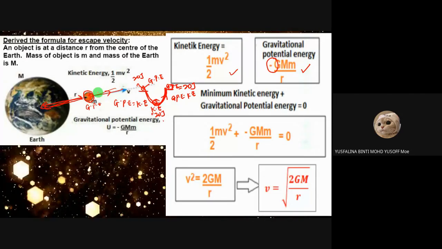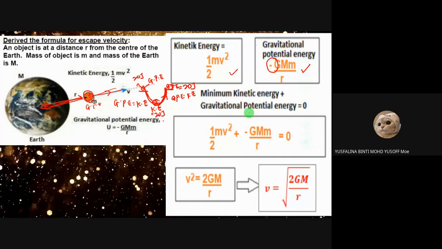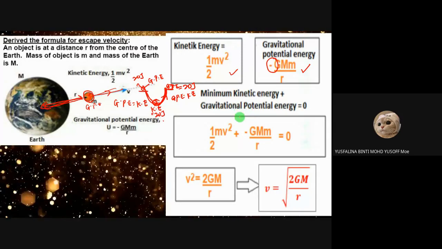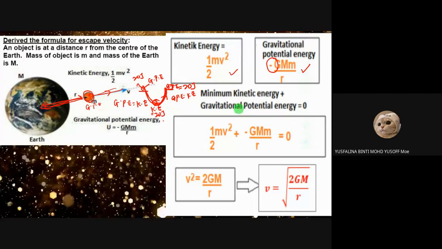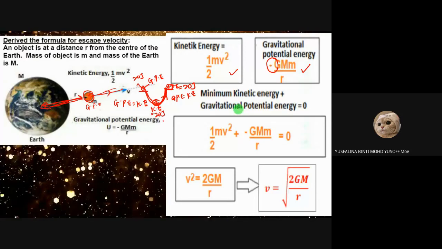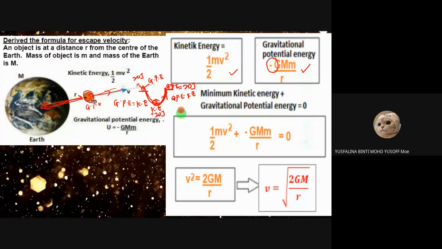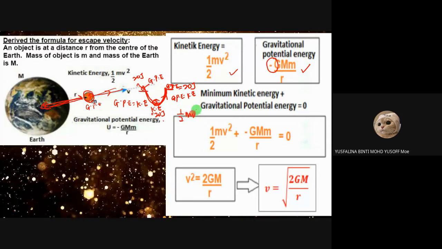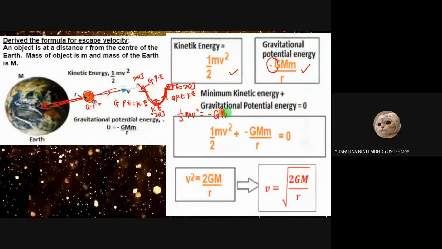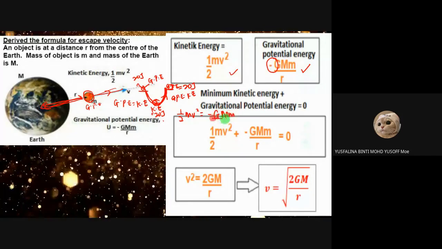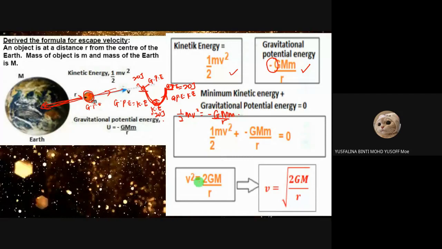After that we know that the minimum kinetic energy plus gravitational potential energy is 0. If you follow the principle of conservation of energy, it is actually like this.